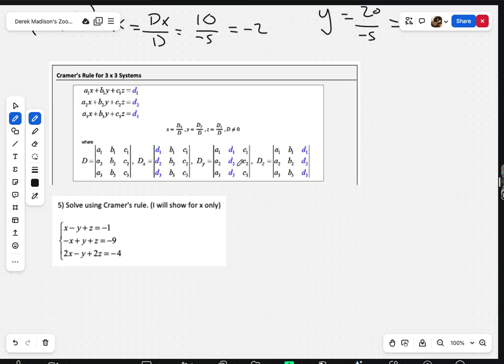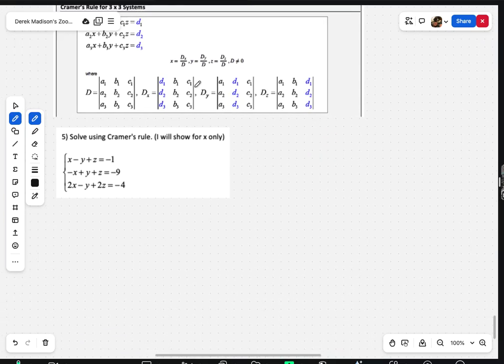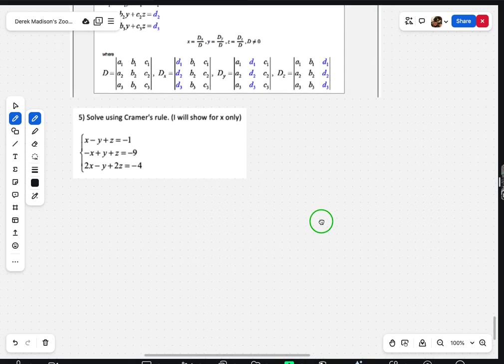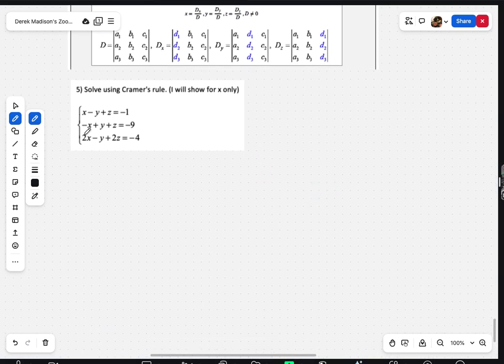It's just now we have to do 3 by 3 matrices instead of 2 by 2. I'll start this example by showing it for x. I'm not going to do dy and dz because it's the exact same thing, and if you can get x, you'd find 2 more matrices and you would find y and z.